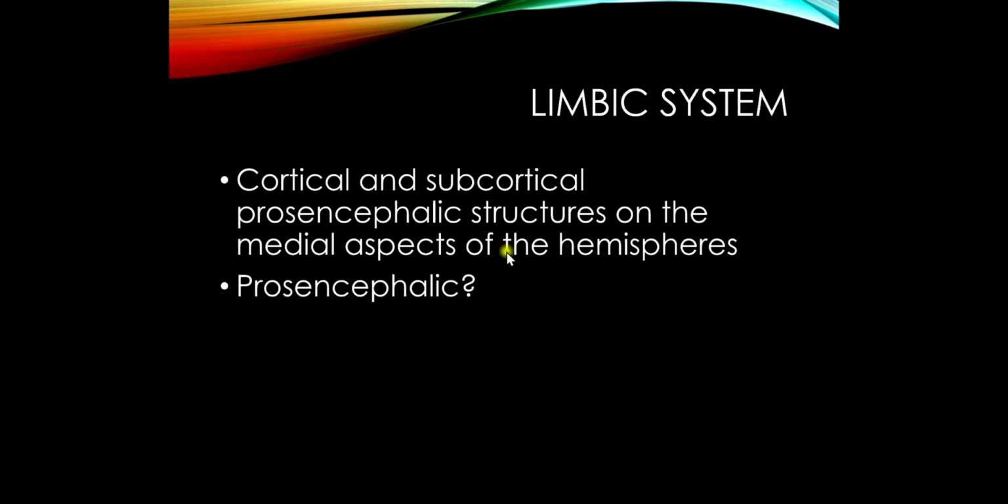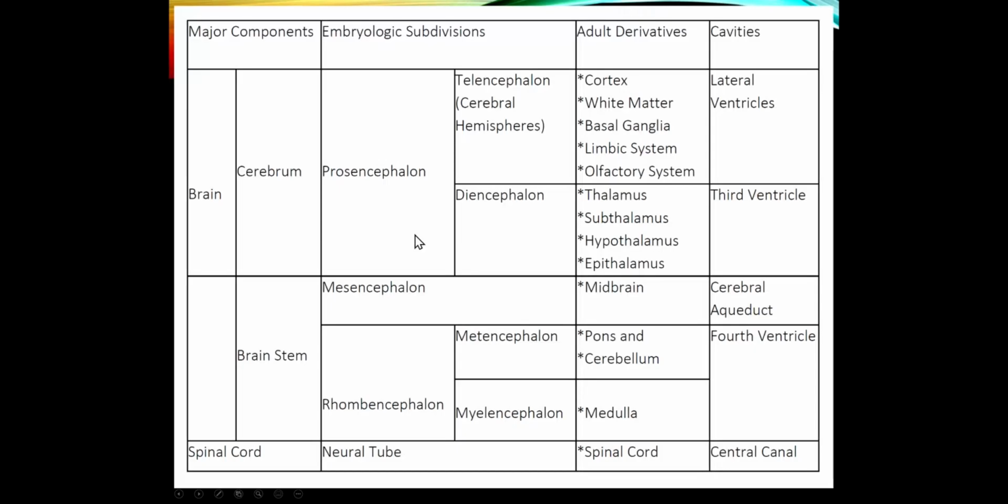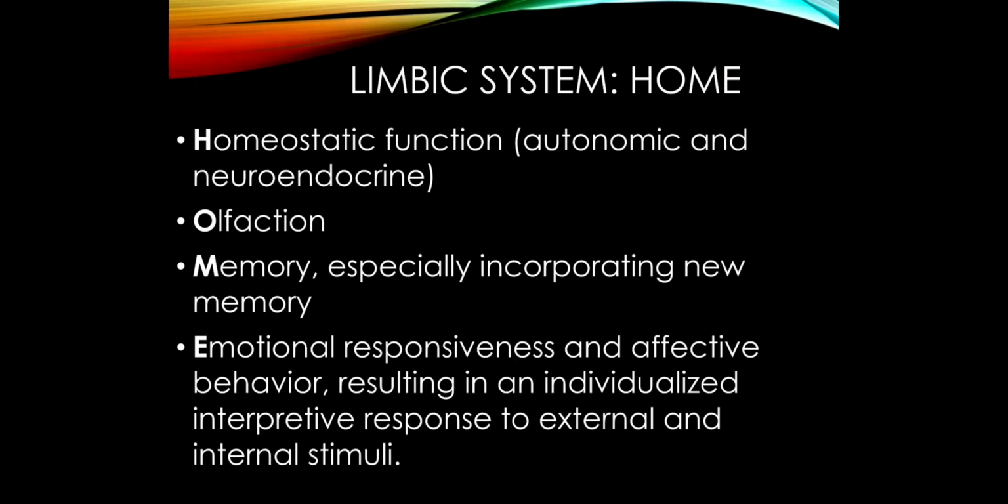So what is prosencephalic? So remember, the prosencephalon is just equivalent with the cerebrum of the brain. And so the limbic system will consist of prosencephalic structures. So some will be telencephalic, some will be diencephalic, and we find them in the more medial aspect of the brain.